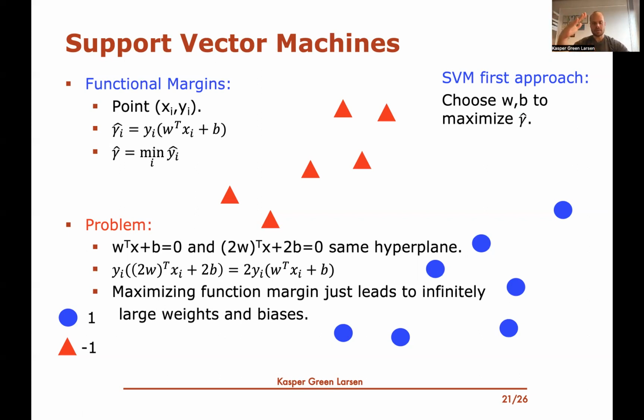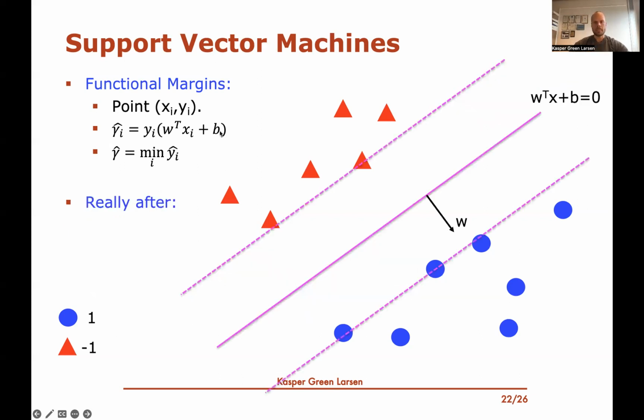Because as soon as I find something that has all the signs correct, so all the functional margins are positive, then if I just scale the W and the B by the same huge factor, all the functional margins just get larger and larger and larger. So this formulation doesn't quite work.